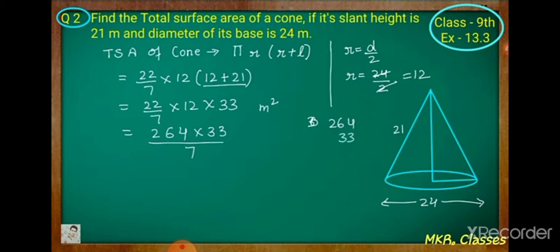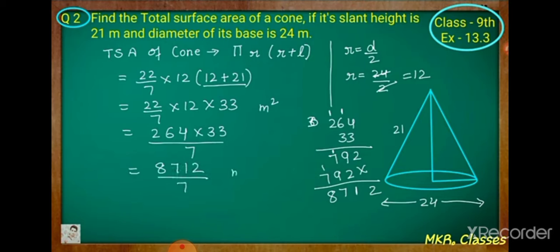Let's multiply it first. 3 fours are 12, carry 1, 3 twos are 6, 18, 19, carry 1, 3 twos are 6 and 7, giving 792. So it is 8712 meter square, and the total surface area is 8712 upon 7.